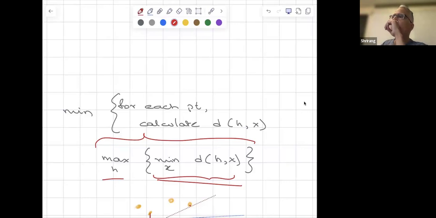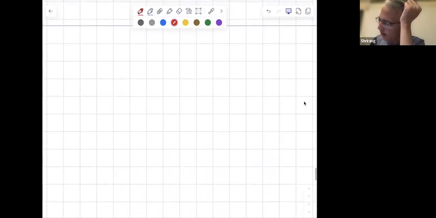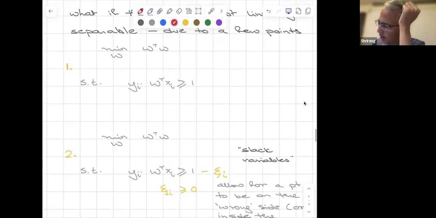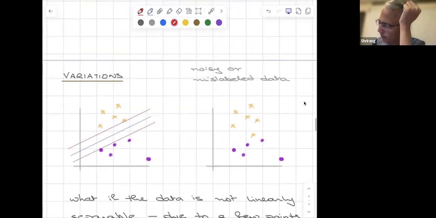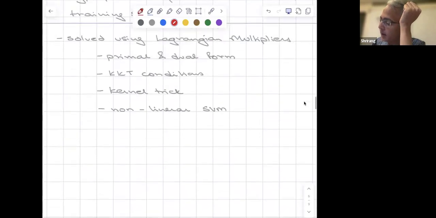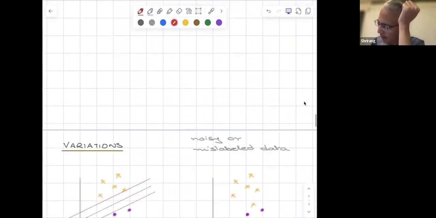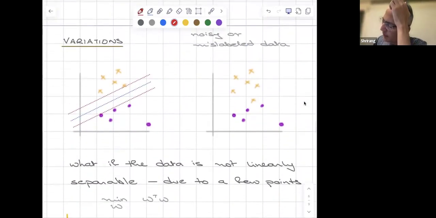Let me talk about this. Out here, for example, suppose I have the data, yellow and purple, right? But I have this one point out.